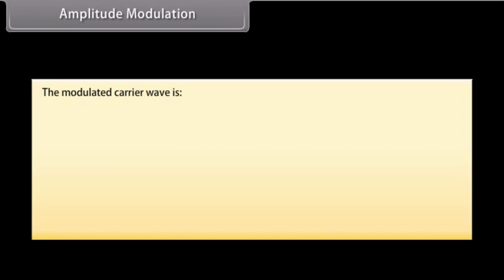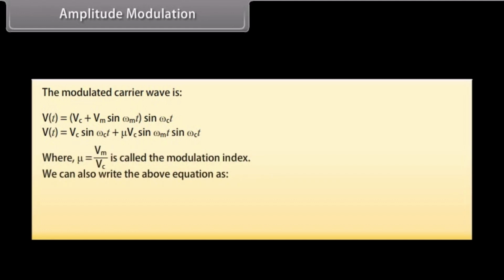The modulated carrier wave is given by v(t) = (Vc + Vm sin ωmt) sin ωct, which can be written as v(t) = Vc sin ωct + μVc sin ωmt sin ωct, where μ = Vm/Vc is called the modulation index.